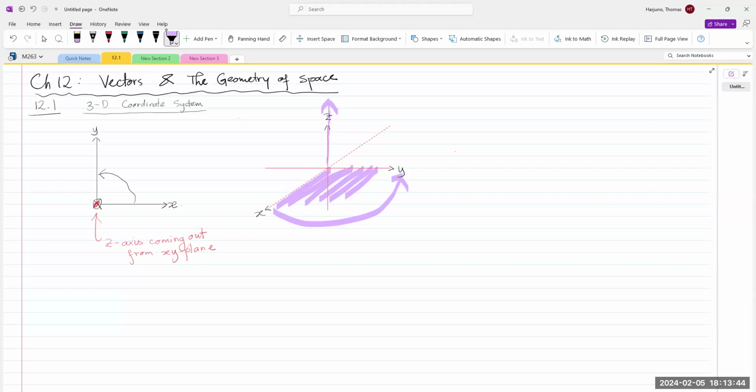Take a look at your right hand, and the way your index finger moves tells us where the z-axis goes through the thumb. If my index finger moves in that direction, then my thumb will be going up.